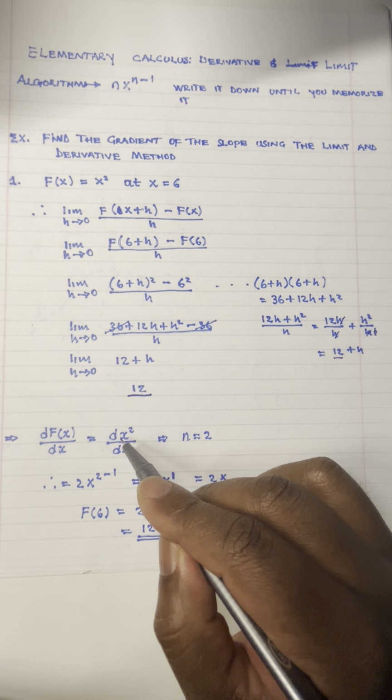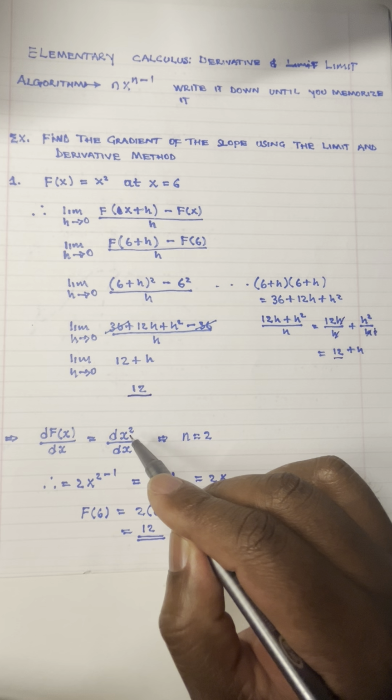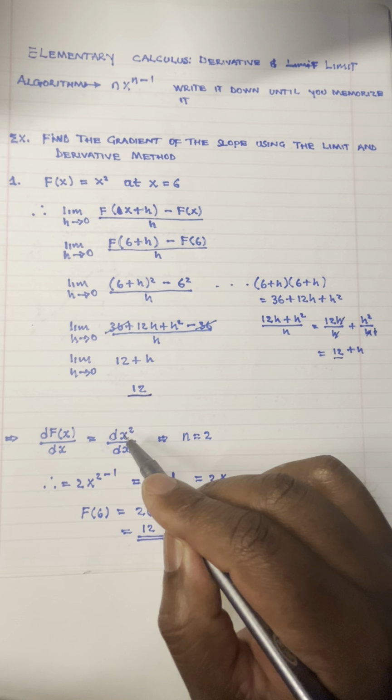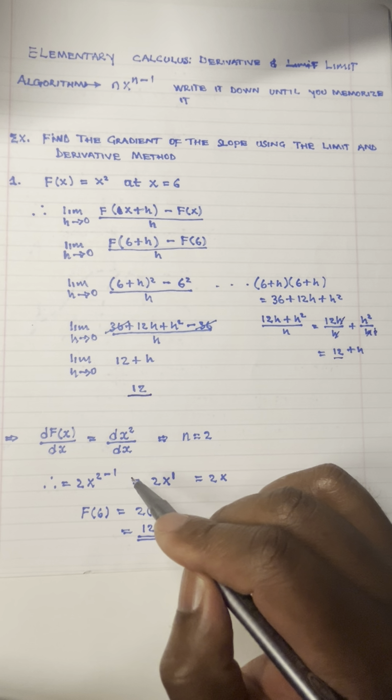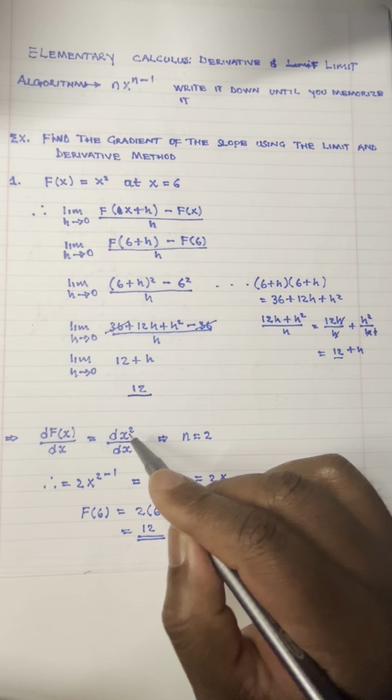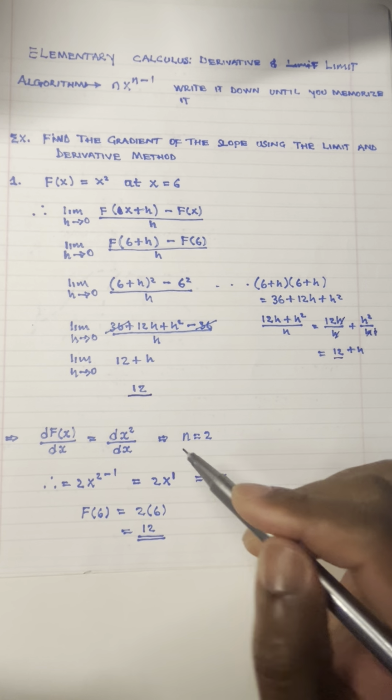If it were just x, n would be 1, because usually we don't write 1. But now our n is 2 because we're at the second power of our exponent.